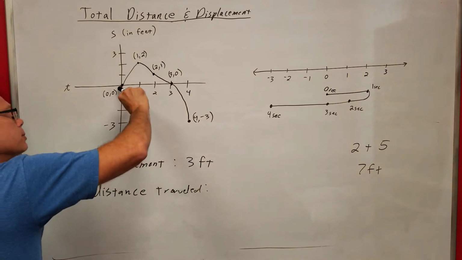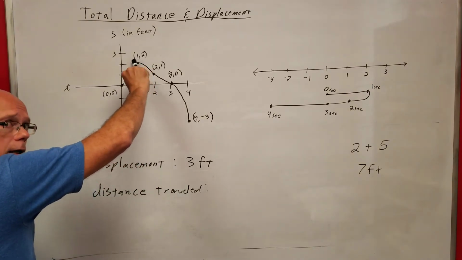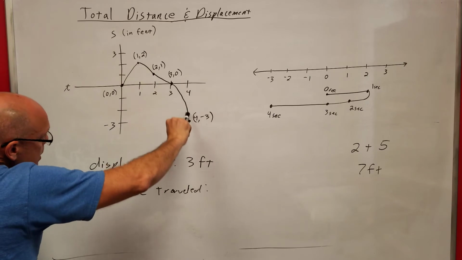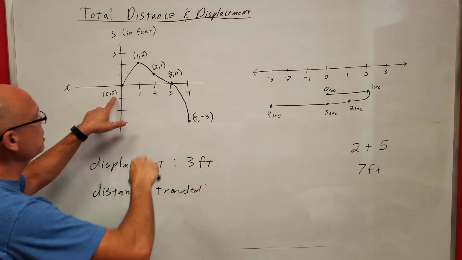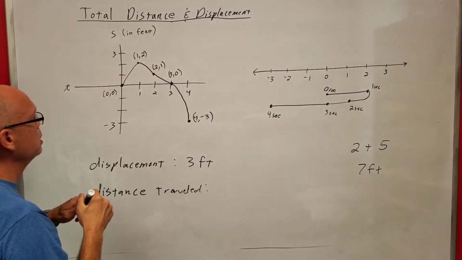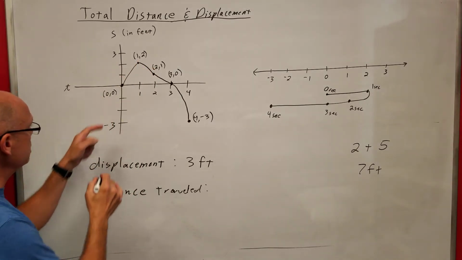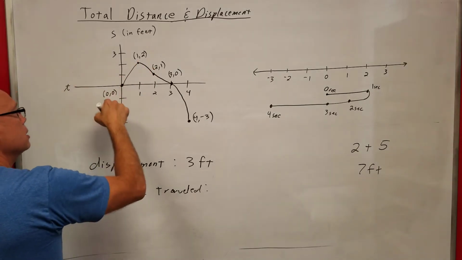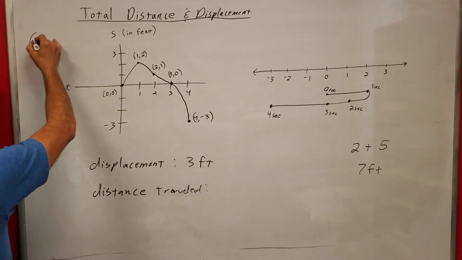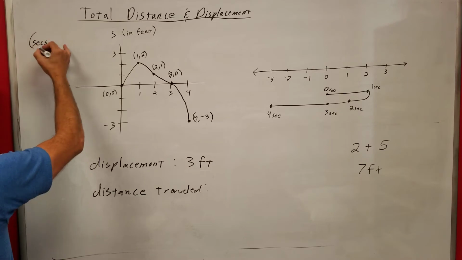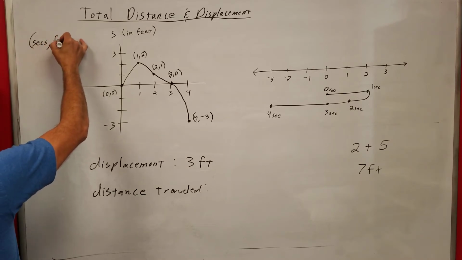So I need to add up this distance that is going right, plus this distance that is going left, okay? So what is this distance from here to here? Now keep in mind, these ordered pairs, how do they look? They're going to look like the number of seconds, comma, and then the number of feet.